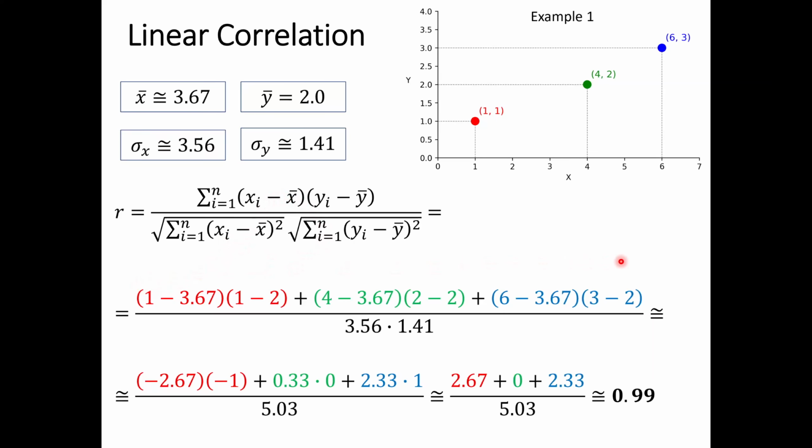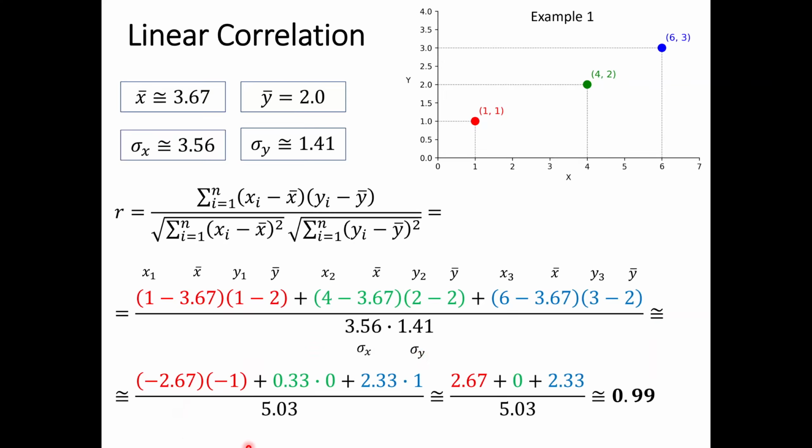In the numerator, we have the sum of 3 products. The first product corresponds to the first point, the second to the second point and the third to the third point. In the denominator, we have the product of standard deviations.